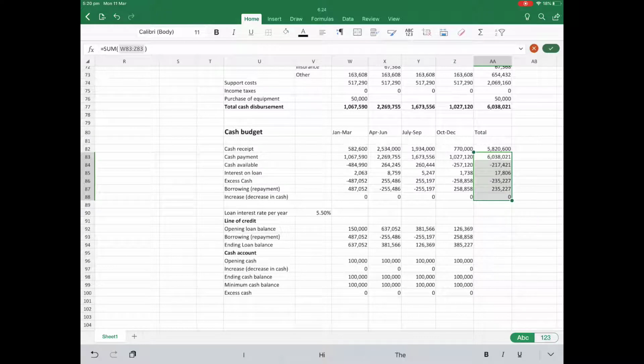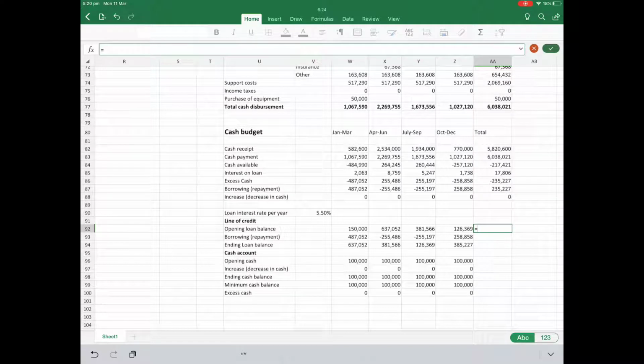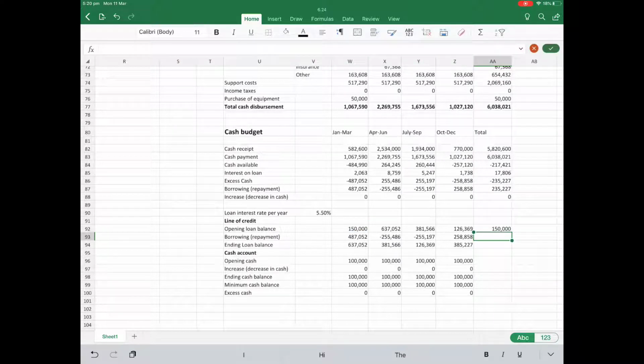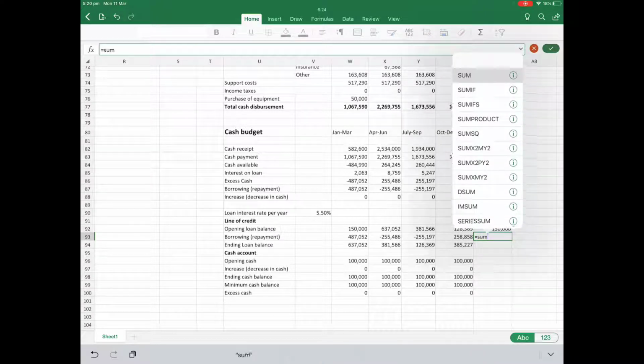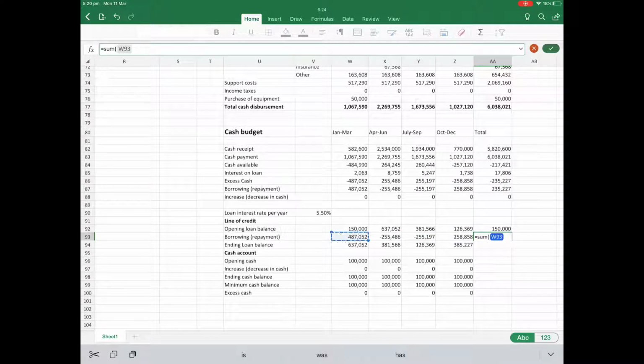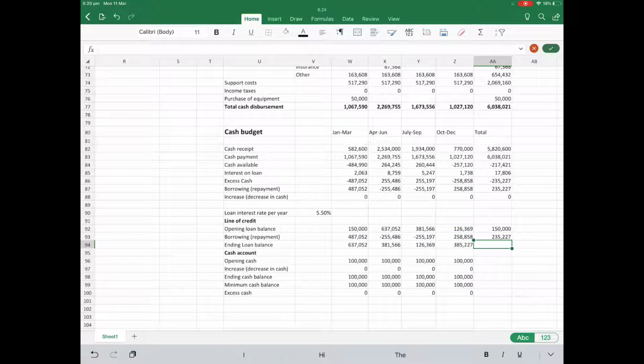Okay, so in here the opening loan balance for the whole period, you will not add them up, but that will be the opening loan balance, which is this. The borrowing will be the sum. And then the ending balance is this.